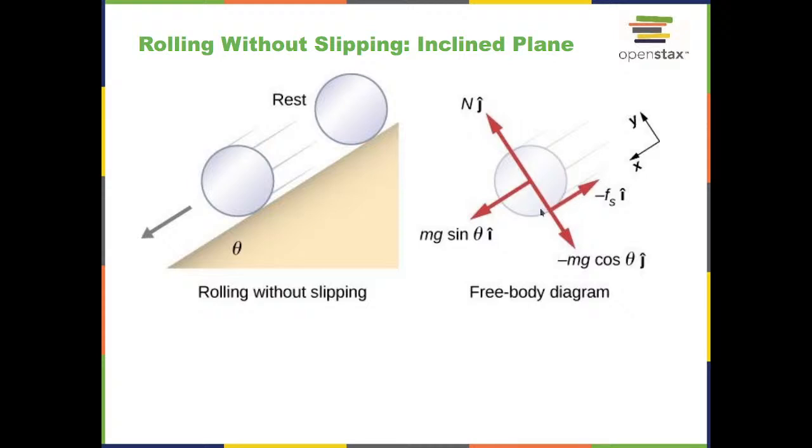And that makes sense. The thing that makes this cylinder or this ball rotate is going to be the friction. That's the force that causes the torque. And since that's the force that causes the torque, that will be the one that causes the angular acceleration. So the net torque will be that force of friction times the distance at which it applies, which is r.